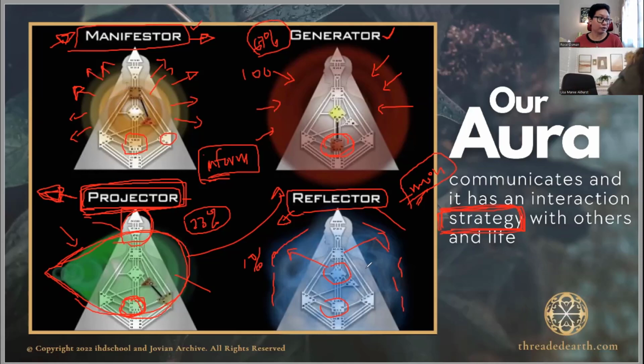And before we forget, the reflector's life is filled with surprises, a lot of surprises, the lightness in their life. But if they're not living their strategy, not waiting for the lunar cycles, just jumping into everything spontaneously, they can get very disappointed with life.